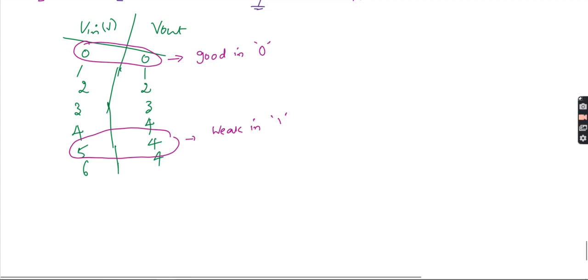So the characteristics of NMOS transistor are passing good in 0, but weak in 1. So that is about the NMOS. For PMOS it will be the reverse. It will be good in 1, then weak in 0.